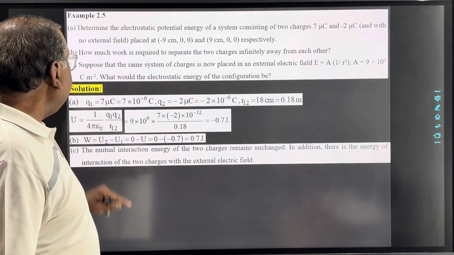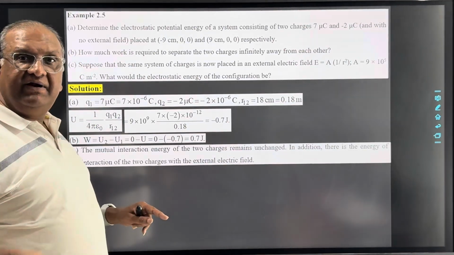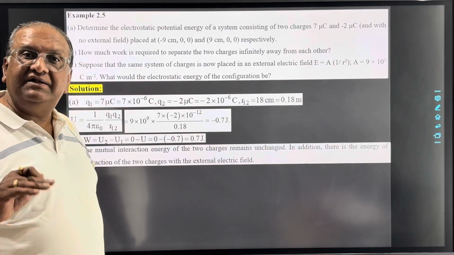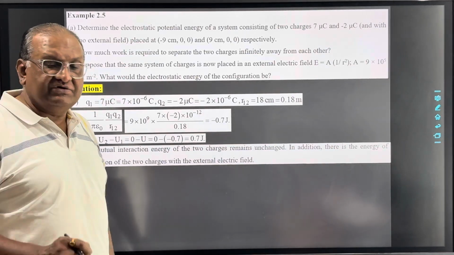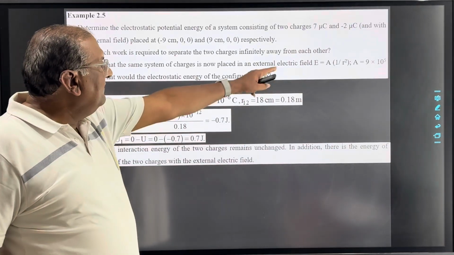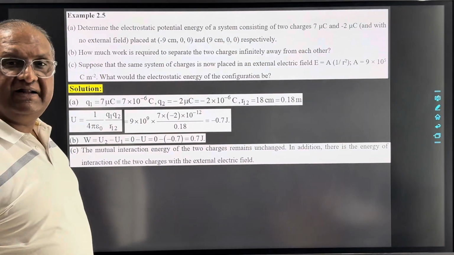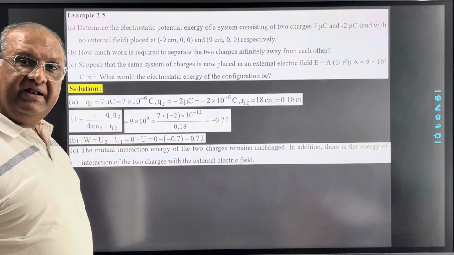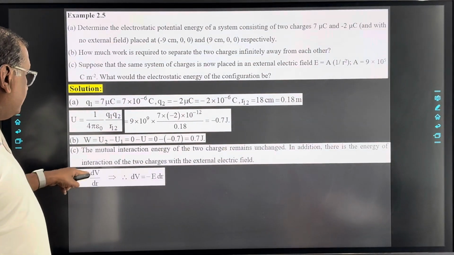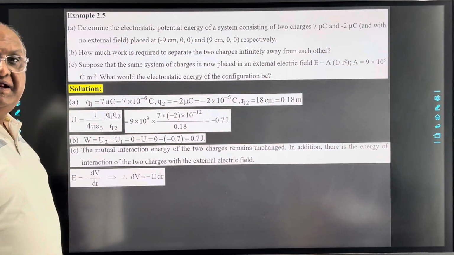Now, to find out the potential energy of q1 in the given electric field at a particular point, we have to find the potential at that point, because potential energy, that is Q into V. Now, here relationship E, that is A into 1 upon R square, that is given to you. Now, we already derived the relationship between electric field and potential, that is E equal to minus dV by dr. So, dV, that is minus E dr.